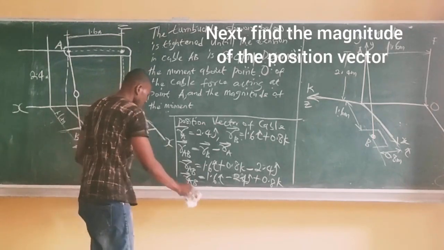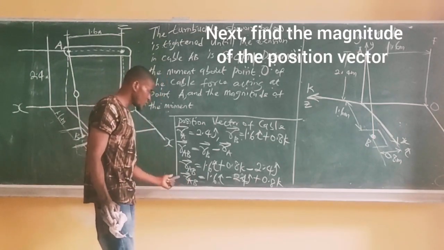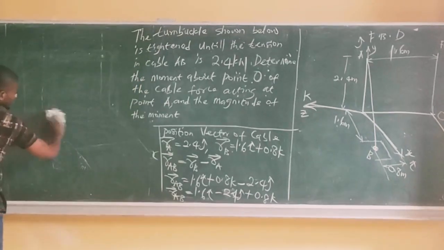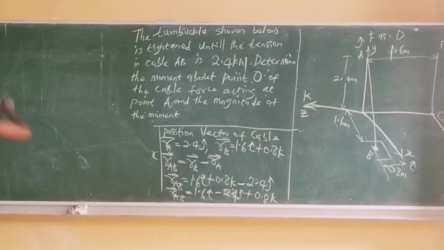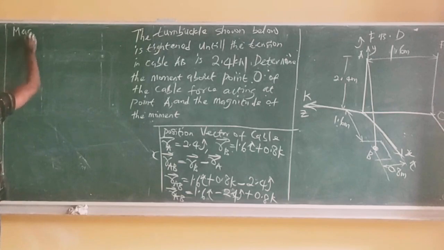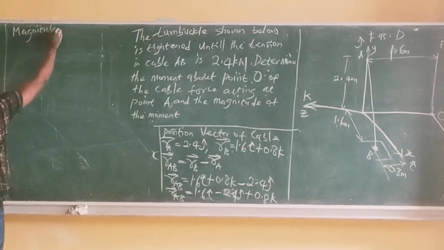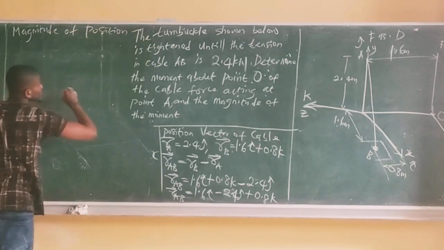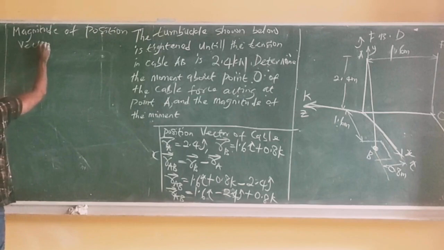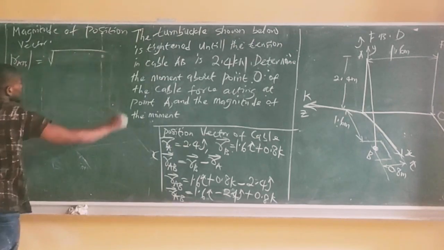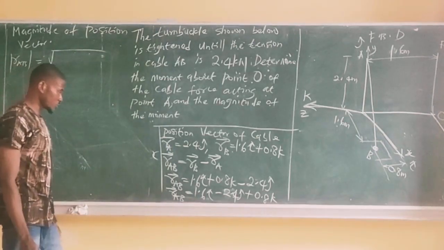Having known this, the next thing to find after obtaining the position vector is the magnitude of the position vector. That simply means the magnitude of RAB, which is equal to the square root of the sum of the squares of the individual components.